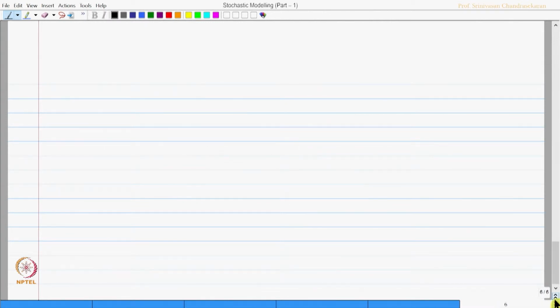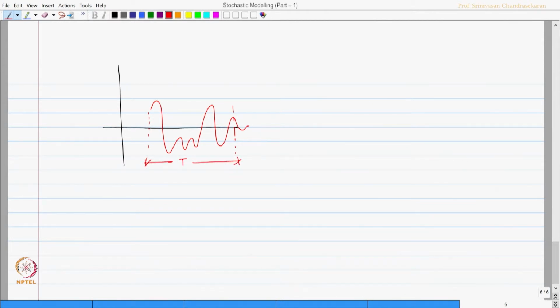Graphically, if I say this is my plot, and I assume that my record length is between these 2 points, this is my record length T, and of course, this is x of t and this value is actually x.